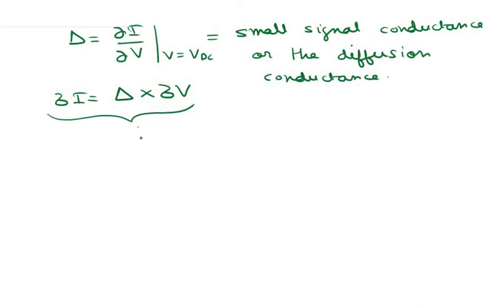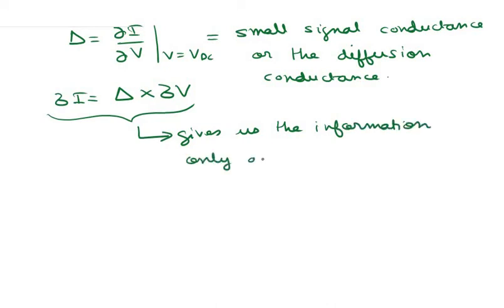So this equation basically gives us information only about the AC components, and that is why this model is known as the small signal AC model.